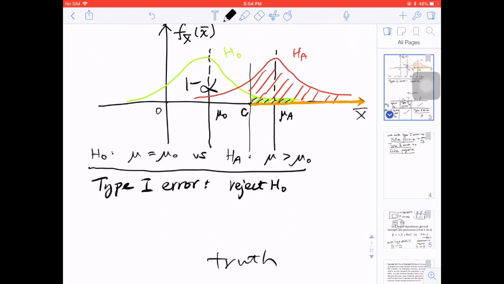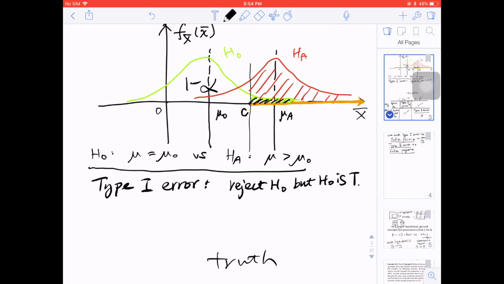So reject H0, but H0 is true, which means we're going to follow this green curve. But you reject it, which means you fall into the rejection region, which is this area. So this area is the probability of making type 1 error.